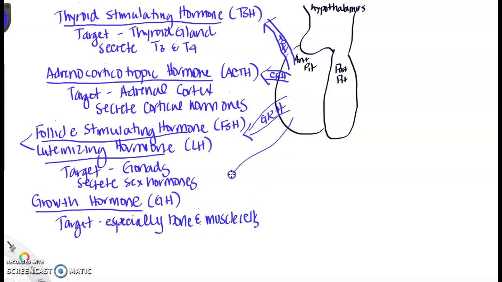And of course, it comes from the anterior pituitary, and it is stimulated by growth hormone releasing hormone. It targets these bone and muscle cells basically for growth and repair.